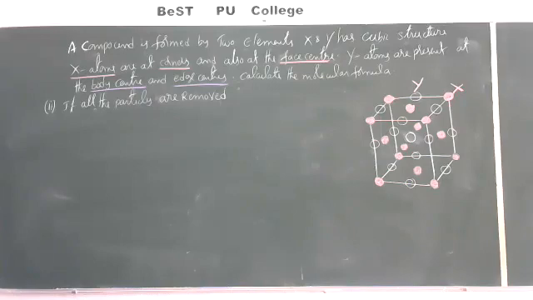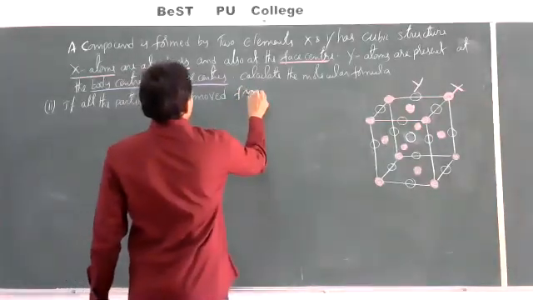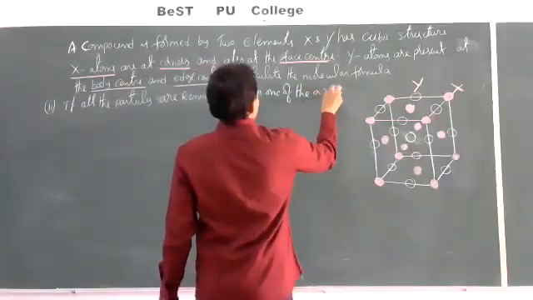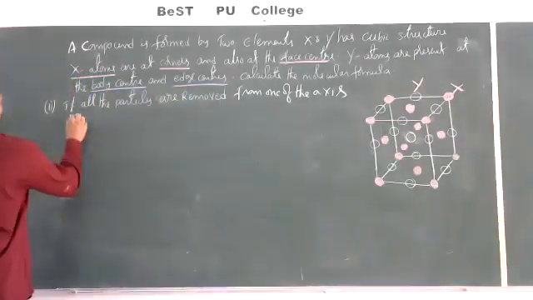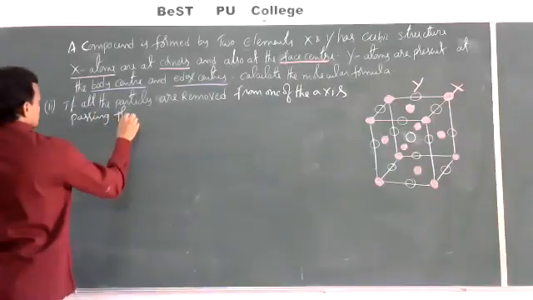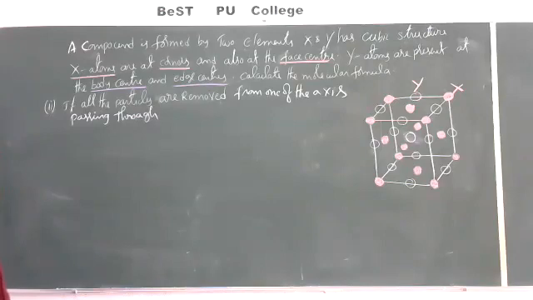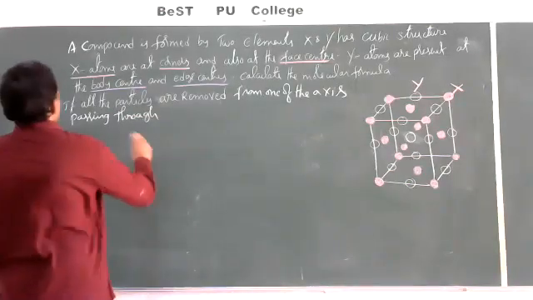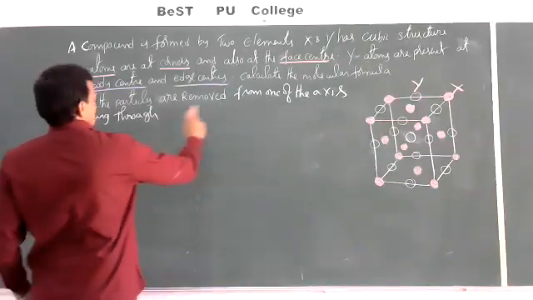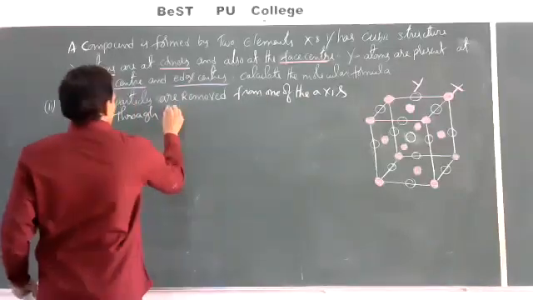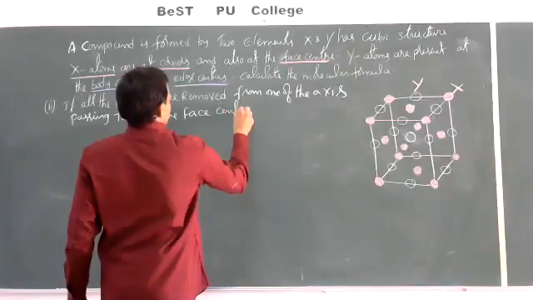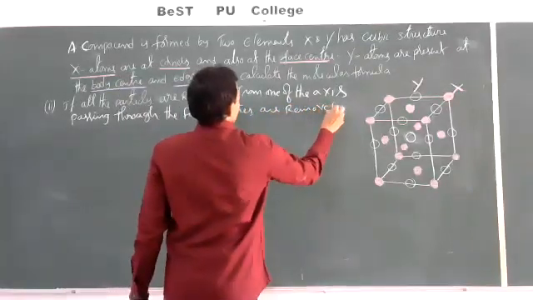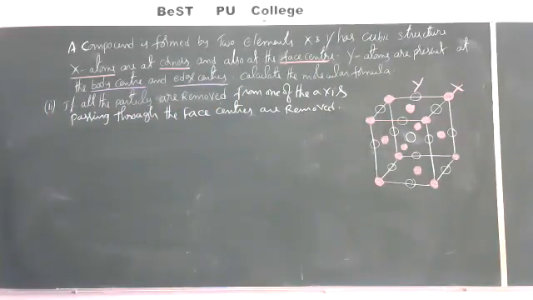If all the particles are removed from one of the axes passing through one of the face centers, if all the particles passing through the axis, from one of the axes passing through the face centers are removed, then what is the molecular formula? So this is the asked question here.